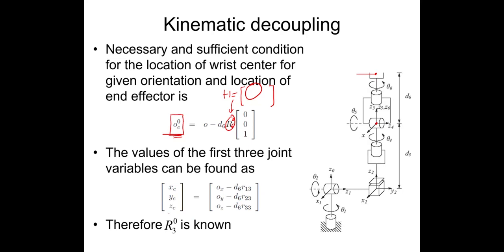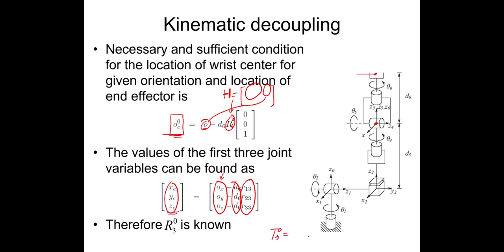So this vector equals this O, and again, the O is the desired position of my end effector, which is these 3 values, which we write as OX, OY, and OZ, and they're real numbers.